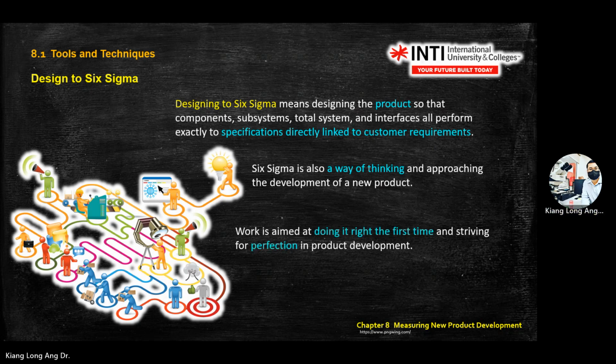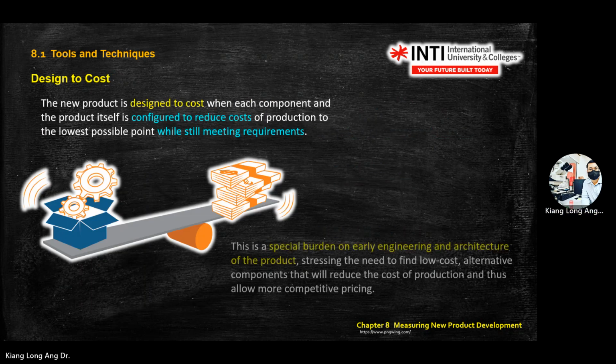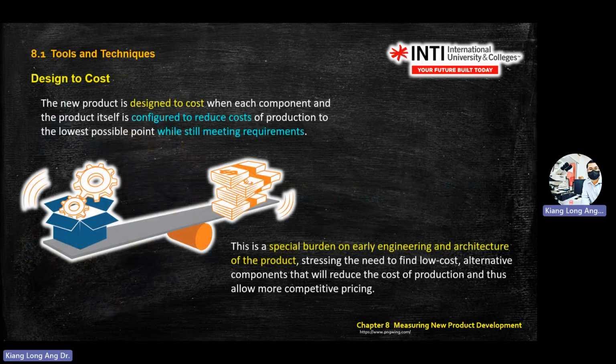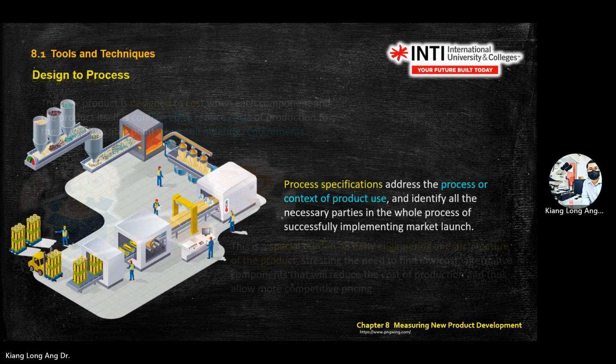Okay. Design to cost means you need to consider overall cost. Most of the time, if your process is designed to the cost, you are reducing the cost in the production process. Okay.